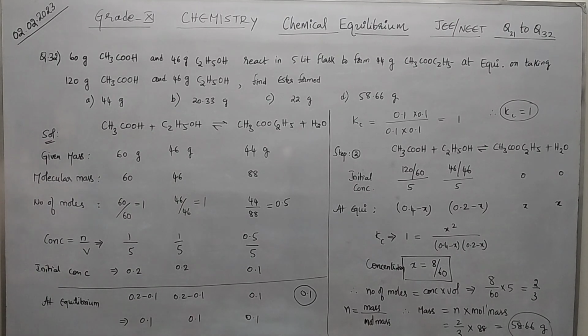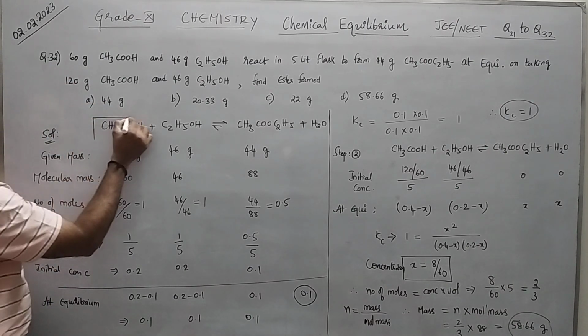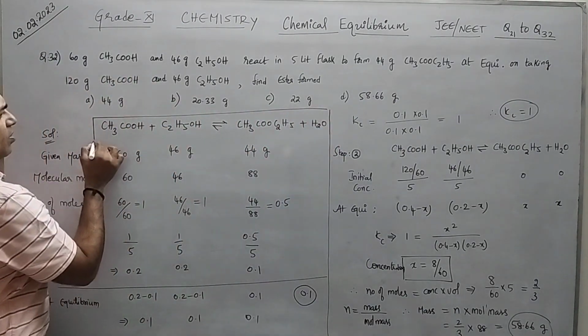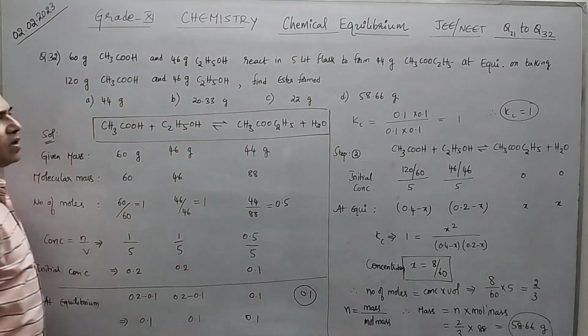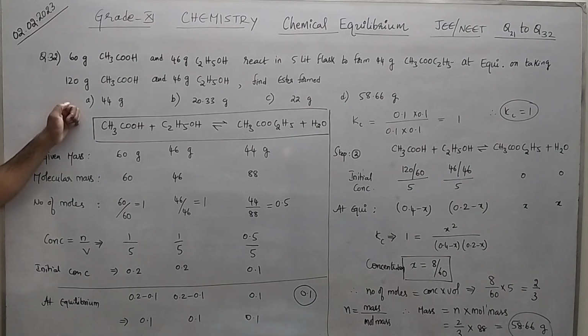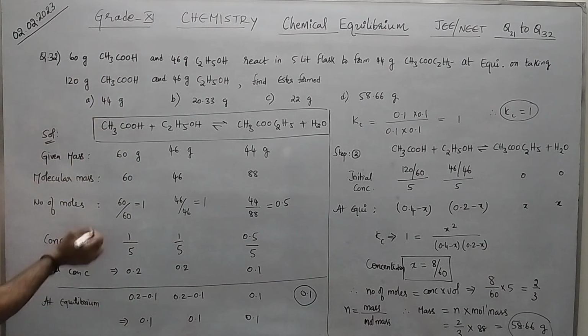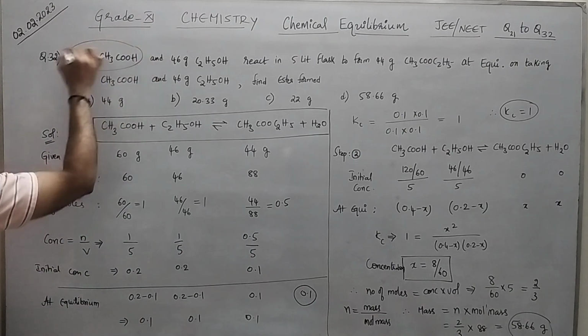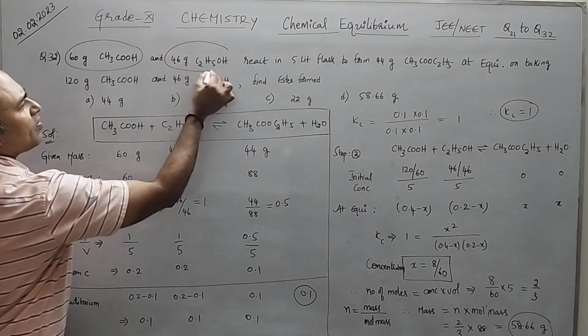Now the last question, question number 32, I have solved it for you. A very important and lengthy question. The reaction is acetic acid plus ethyl alcohol gives ethyl acetate plus water, nothing but an esterification reaction. Initially they have mentioned 60 grams of acetic acid and 46 grams of ethyl alcohol.